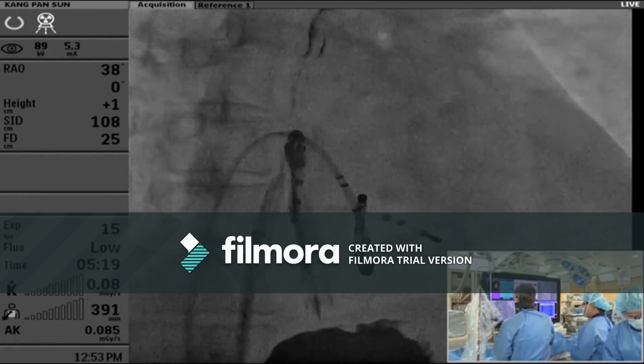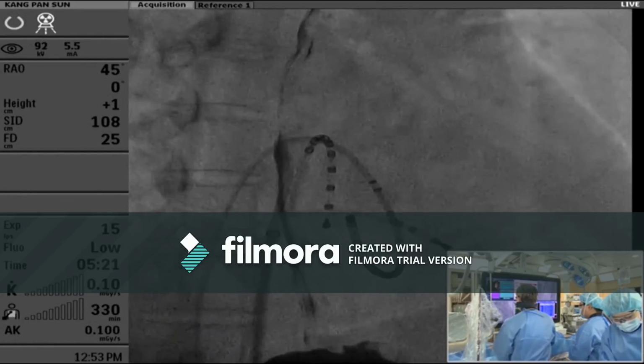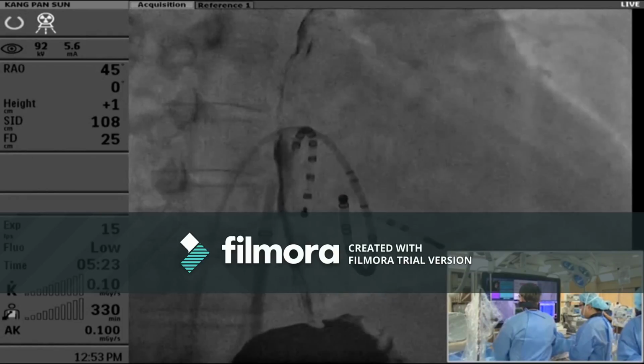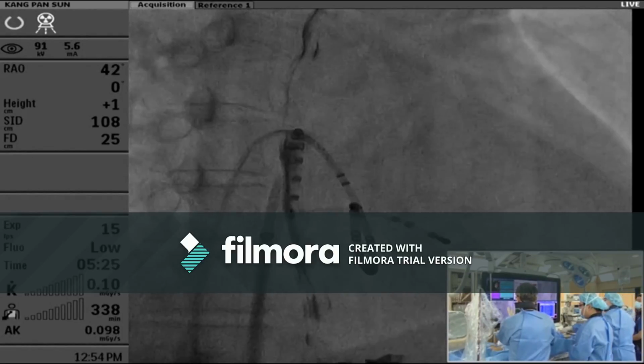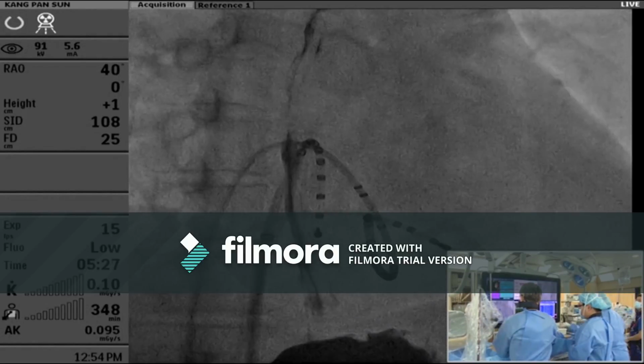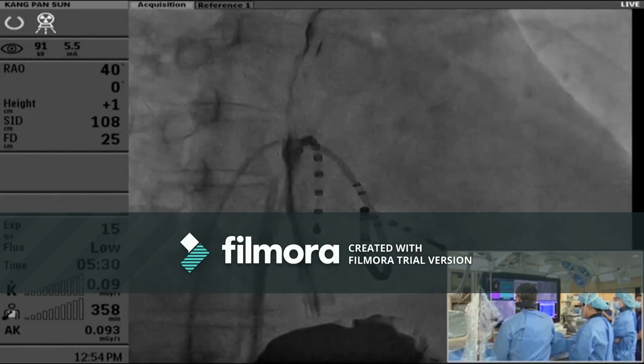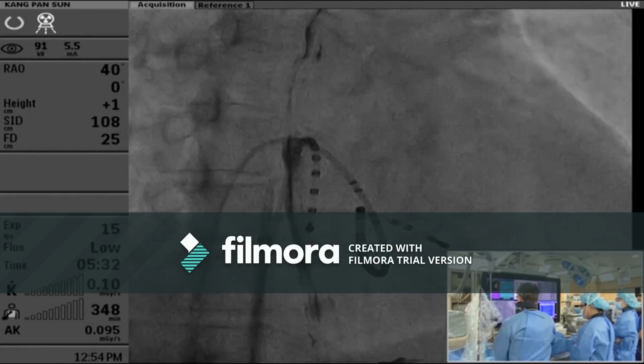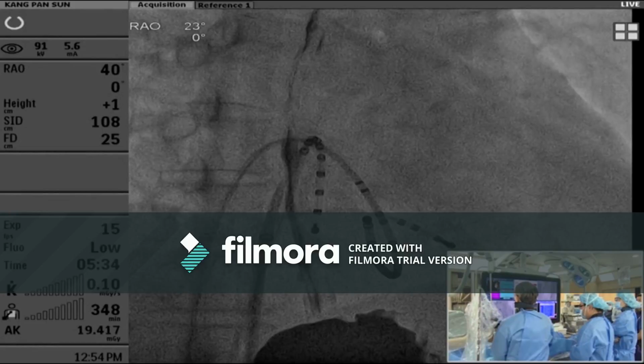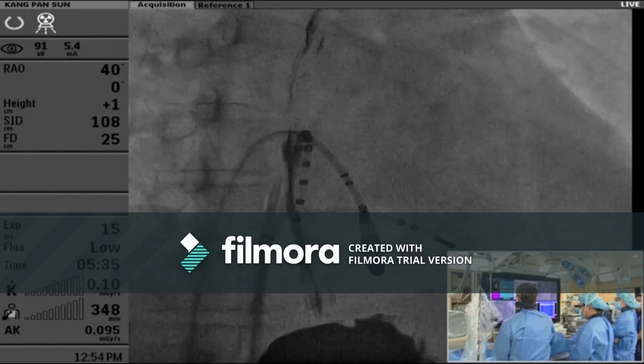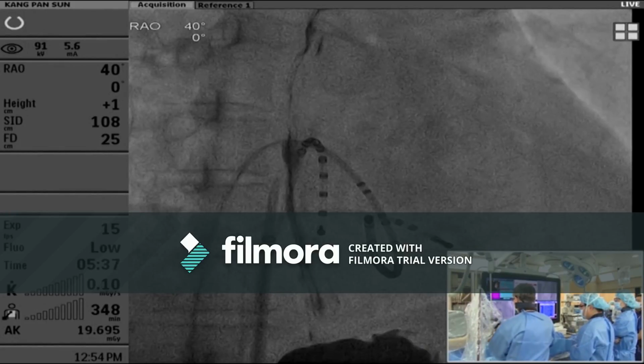So aerial, the needle should be vertical. We have to avoid the anterior rotation. This needle should be a vertical line on the RAO 40 or 45 like this.